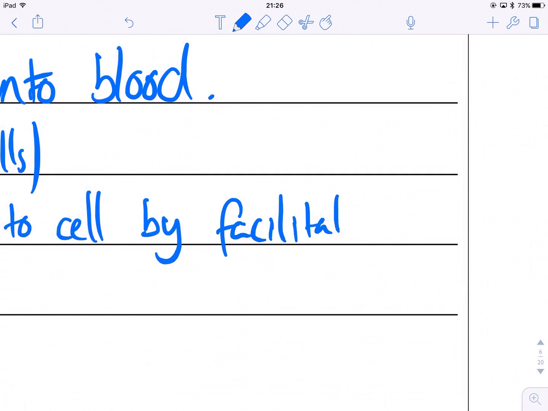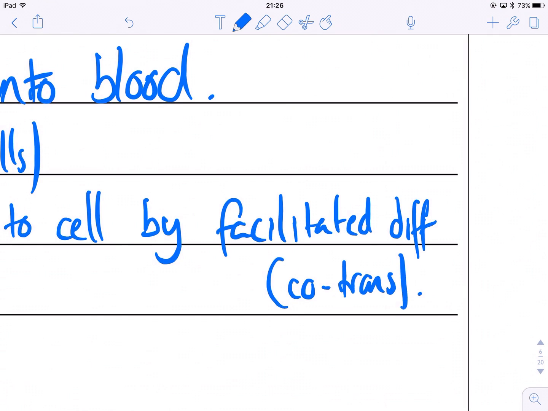Facilitated diffusion. And that's our 3 marks.